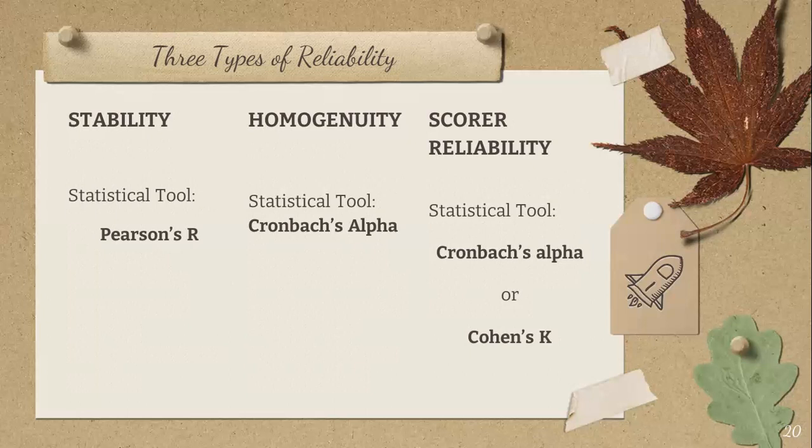And the statistical tool used is the Cronbach's alpha, or the Cohen's kappa. This is often assessed using Cronbach's alpha when the judgments are quantitative, or the analogous statistic called Cohen's kappa when they are categorical.